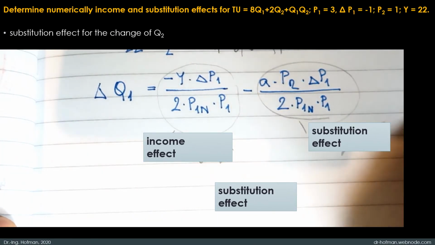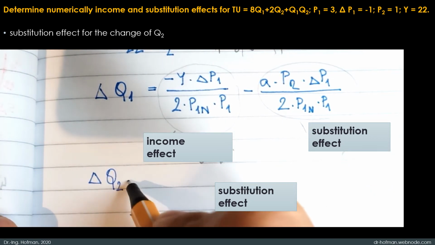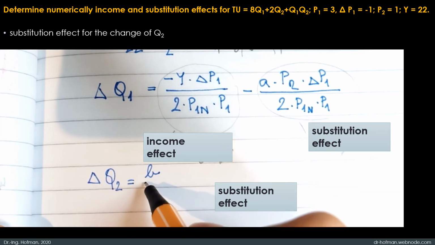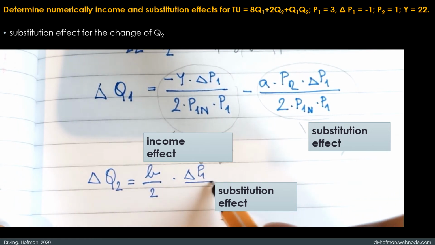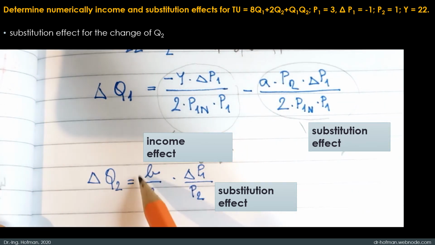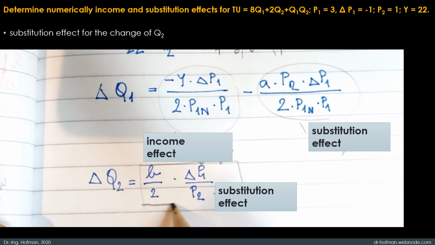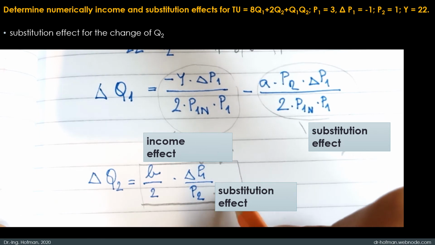We've just shown how to calculate delta Q1 with income and substitution effects, but there was also a change in quantity 2 in our example, the delta Q2. In this change, there will be just the substitution effect, because only the price 1 was changed, and it's expressed as B over 2 times delta of the price 1 over P2. This whole expression represents a substitution effect.